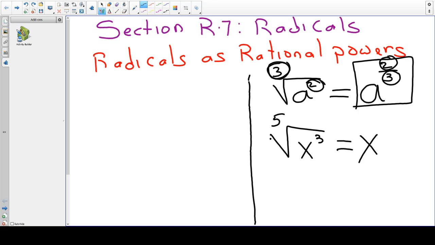Now, which one? I do power over index. So 3 over 5. So that's how we are going to turn any radical into a rational power. And by rational power, we mean fractional power.